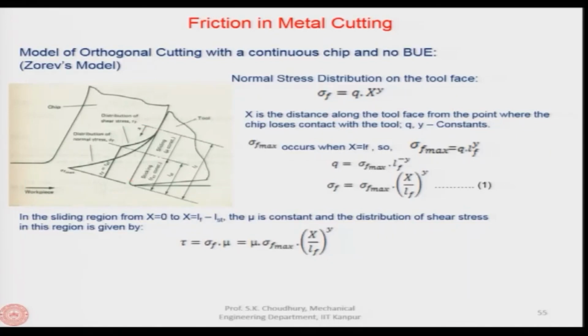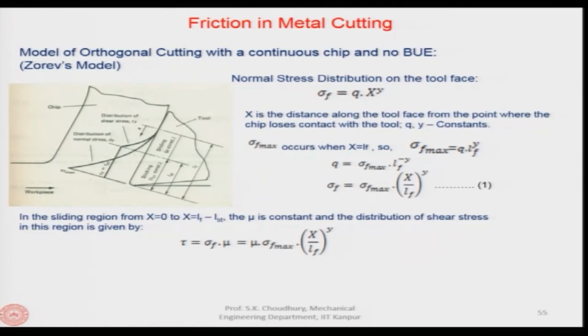Okay. Now, the length of the sliding zone will be LF minus LST, if the LST is considered to be the length of the sticking zone, where the tau remains constant and the tau remains maximum.